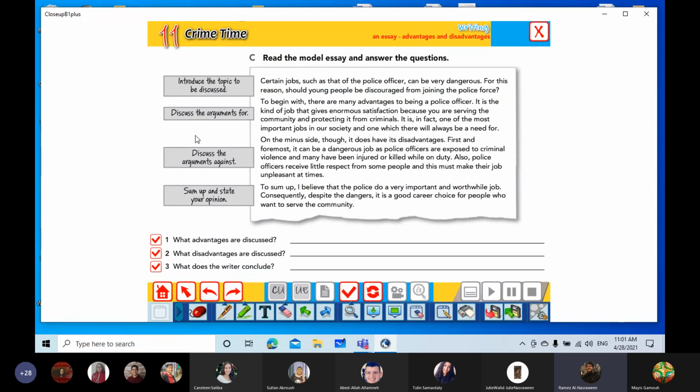Yes, teacher. On the other side, so it does have the disadvantages. First and foremost, it can be a dangerous job as police officers are exposed to criminals. Exposed. Okay, Ramis, calm down, slowly.